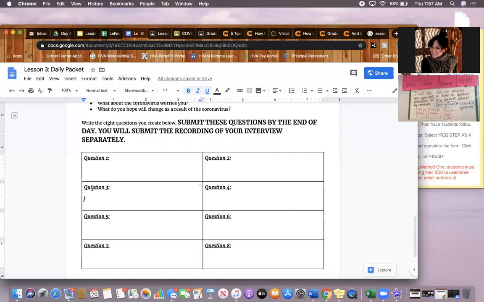So on this graphic organizer, in this space at the bottom where you have room to write your questions, what you need to write is the 8 questions that you're going to use in your interview. The actual recorded interview will be due on Monday. Okay, please come to office hours if you are confused. Thanks, guys.